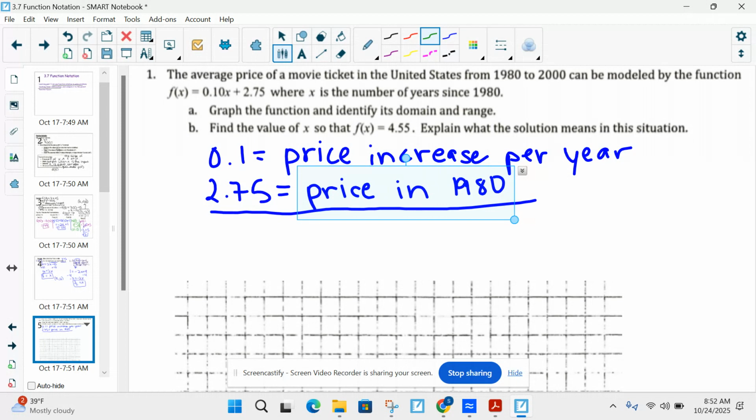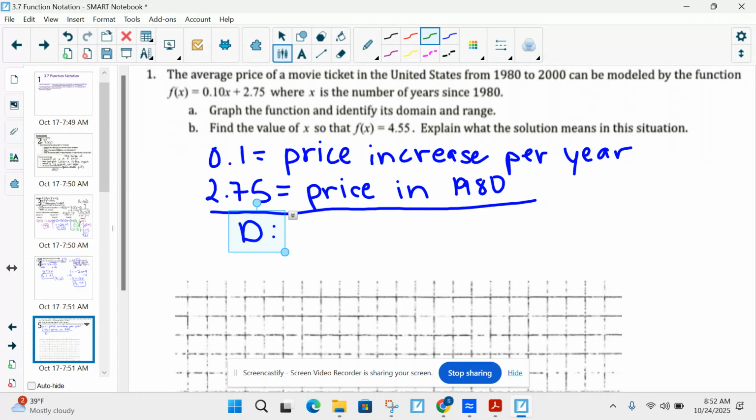Let's answer the question. So graph the function and identify the domain and range. So when we identify the domain and range, or when we graph a function, it's easiest to find the domain and range first and then use that to graph the function. So our domain are the values of x in the problem, and x is the number of years since 1980.